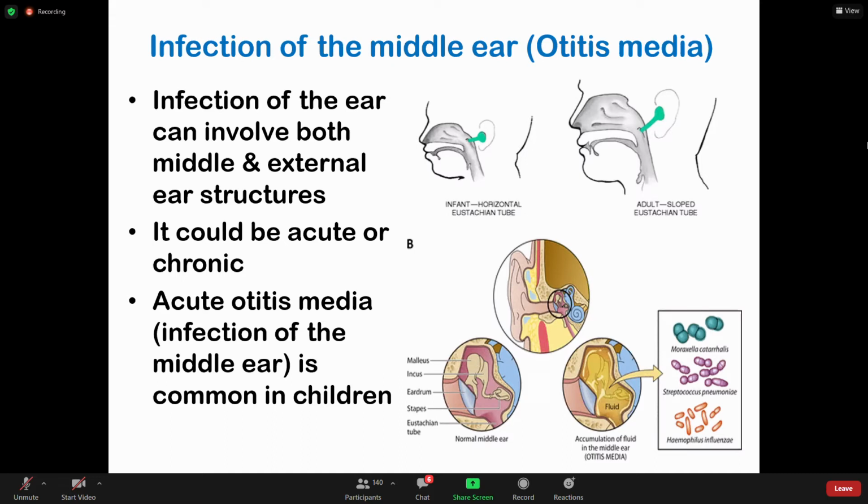So when babies are fed while they are sleeping, you can have tracking of milk feed into the middle ear through the eustachian tube. And because milk is a good culture medium, organisms that colonize this area might as well invade and cause otitis media.